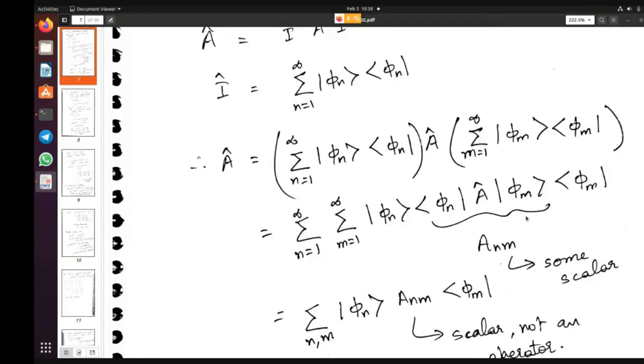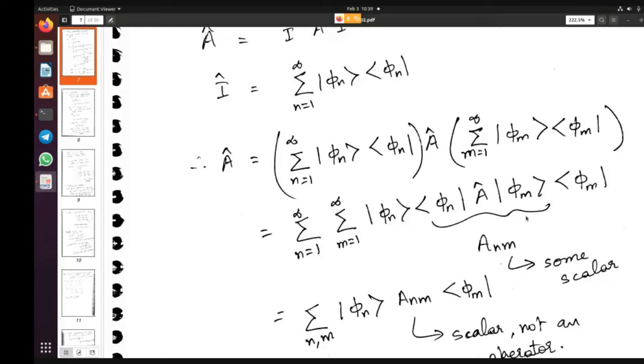We will see in some problems, maybe tomorrow, I will do one problem where we will see how this kind of thing is the full basis set. The basis set becomes infinite dimensional in the case of such eigenfunctions where you get sine nx or cos nx or something like that. There the basis set becomes infinite because n is a discrete number, but it can go from 1 to infinity.